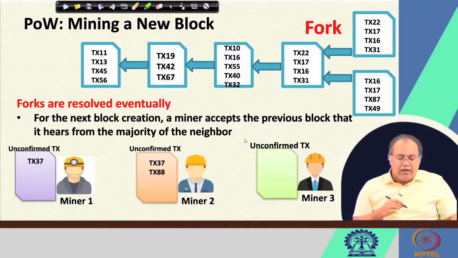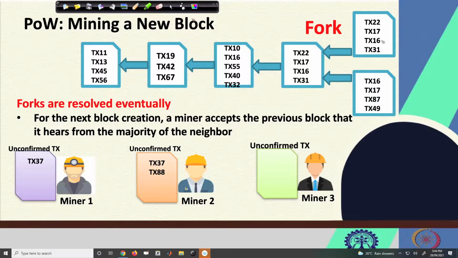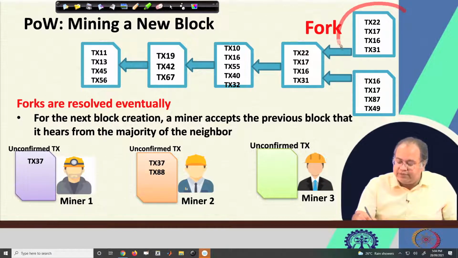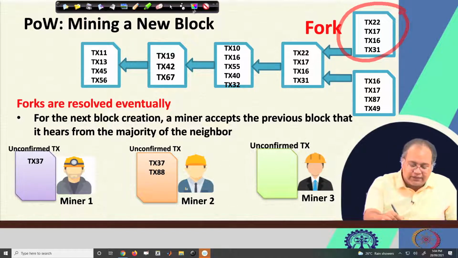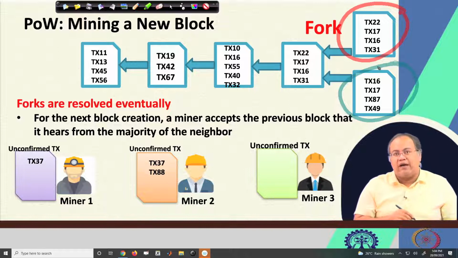Now, these forks are resolved eventually. For the next block creation, the miner has two options. Either the miner has to accept this block as the next block, or it has to accept the other block as the next block. So, the question is whether the miner is going to accept this block or the second block as the next block.